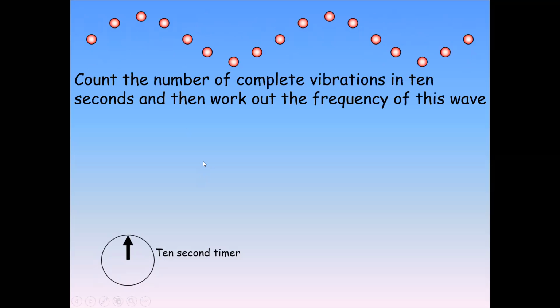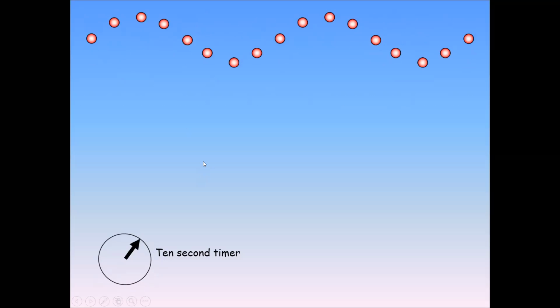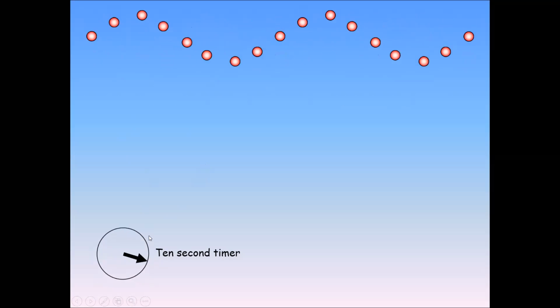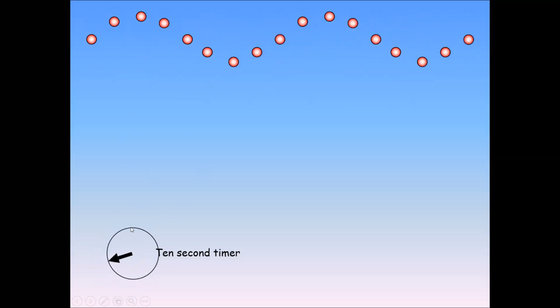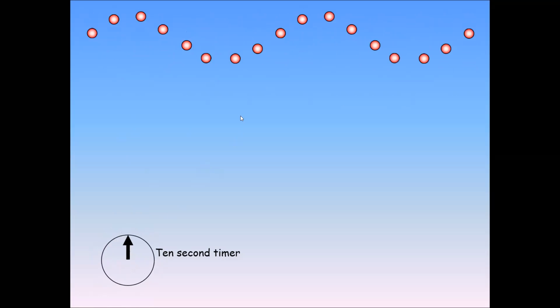See, 1, 2, 3, 4, and so on until the timer is at the 10-second mark. So what is the frequency? Frequency means the number of vibrations in 1 second.